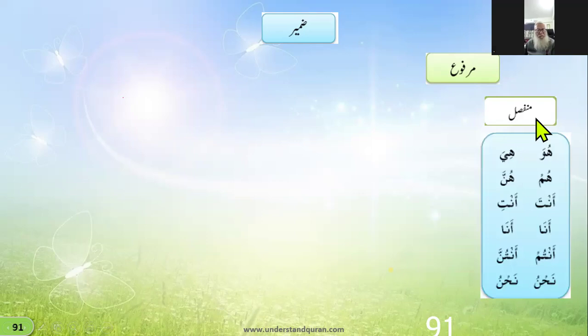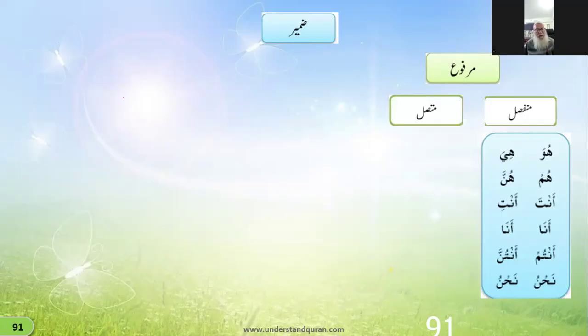Just like huwa, hum, anta, ana, antum, nahnu, hiya, hunna, antunna. They are separate. They are called munfasil. They are marfu'. Their state is always marfu'. And they may come as muttasil and marfu' with them.